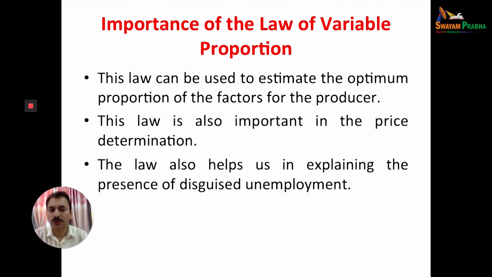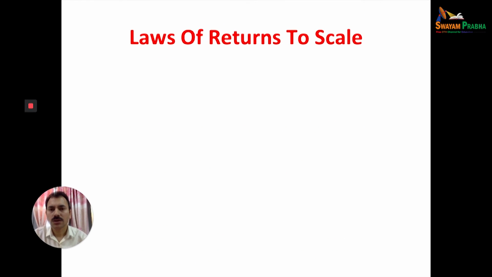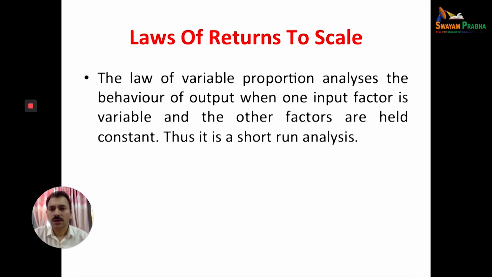The law is also helpful in explaining the presence of disguised unemployment. Disguised unemployment means where the productivity of labor is near about zero. More labor than required is employed. This is most common in the agriculture sector, where disguised unemployment exists. And so the law of variable proportion analyzes the behavior of output.